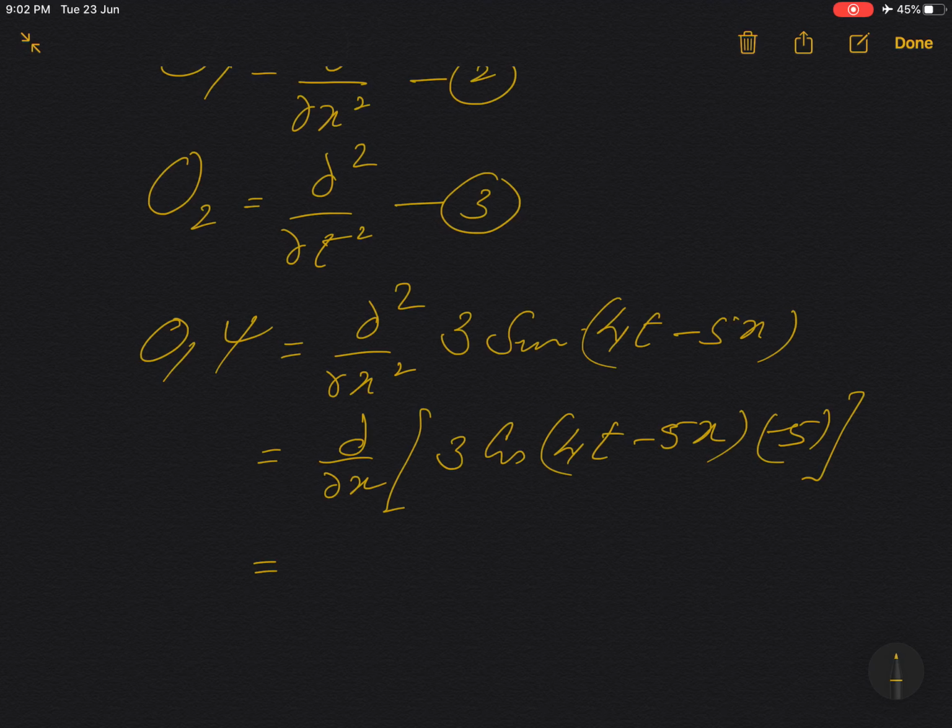Similarly, if I differentiate it once more, I will be getting minus 3 sine (4t minus 5x), and one more 5 will appear now, so I can write minus 5 the whole square.